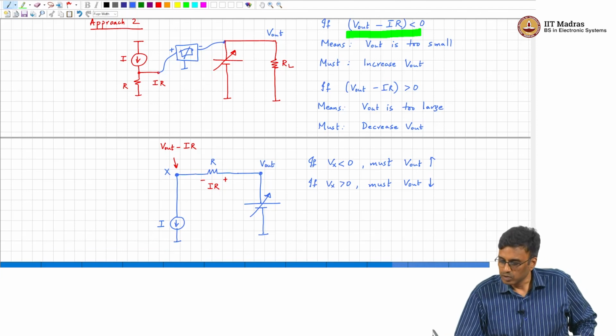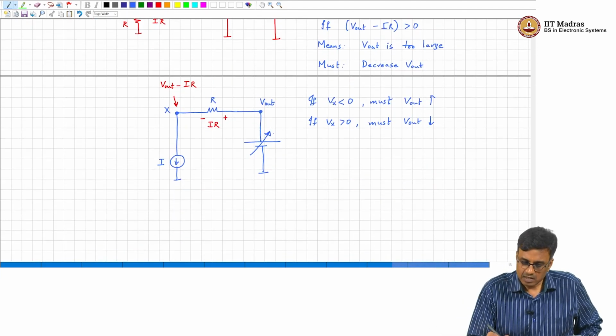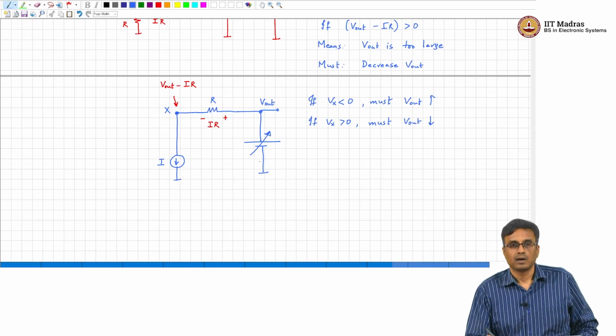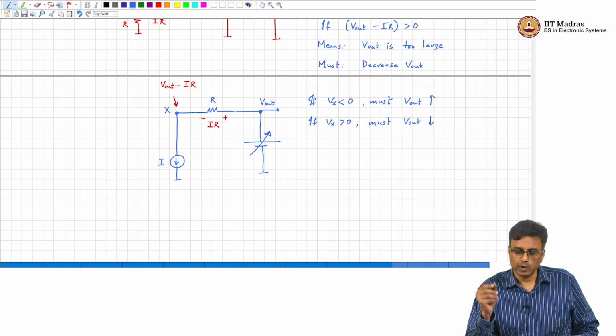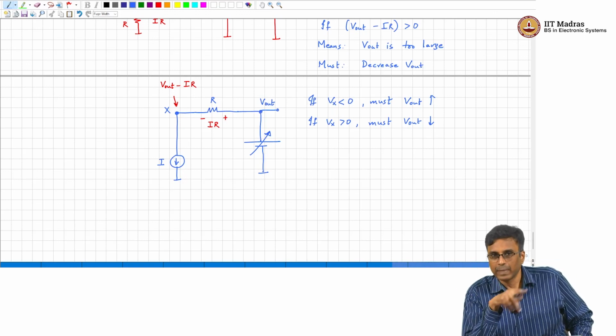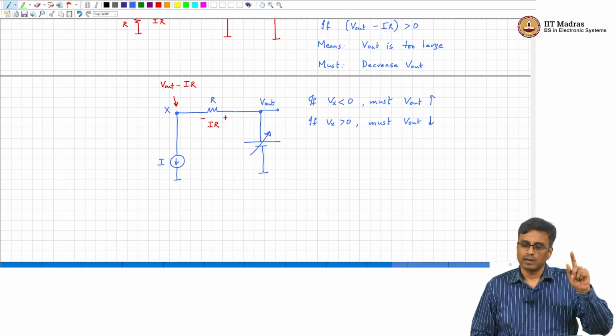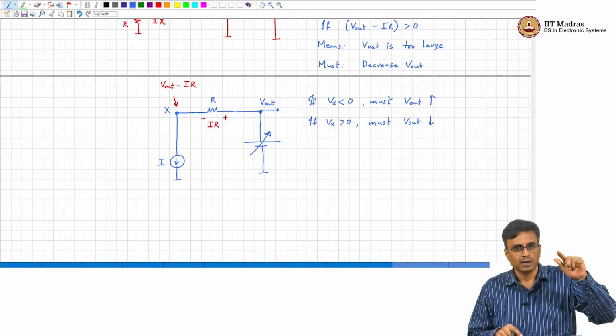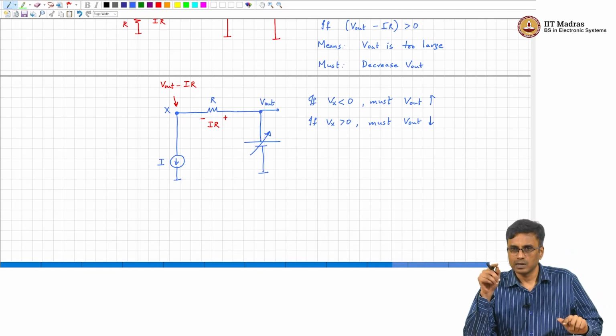correct. So, in other words, this variable voltage source is controlled by which potential? It is controlled by V x. And if V x goes up, V out must go down and vice versa, correct.